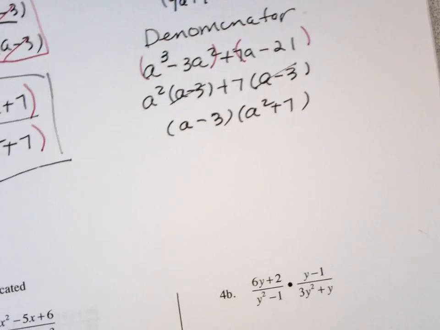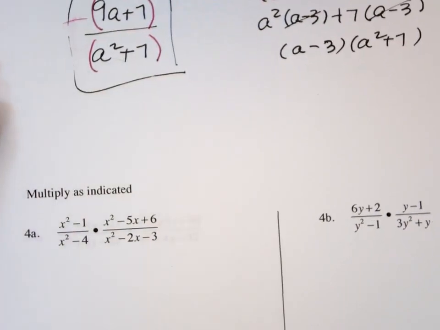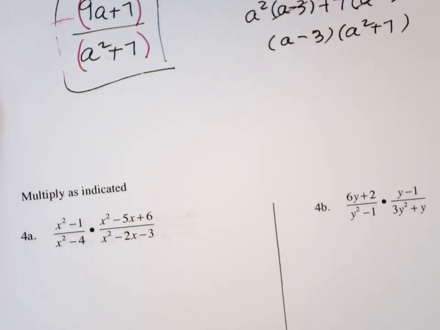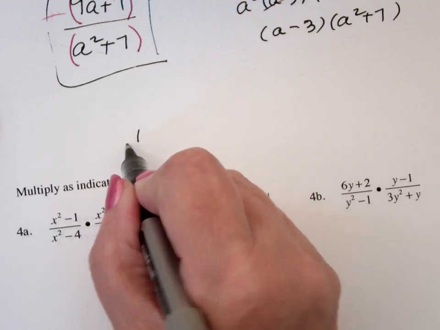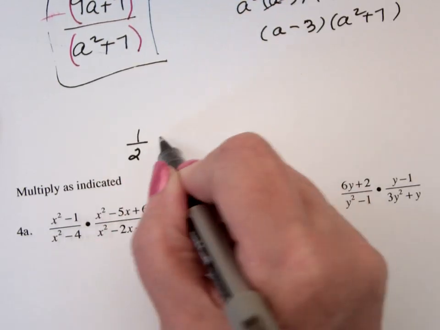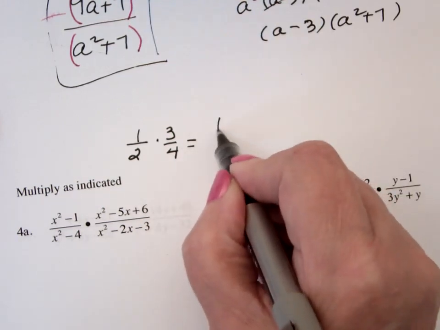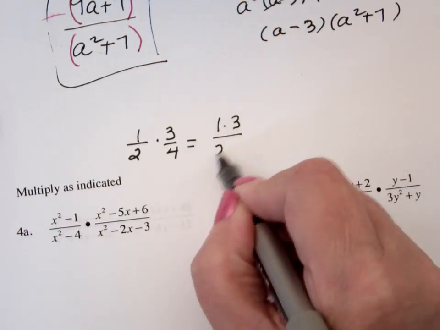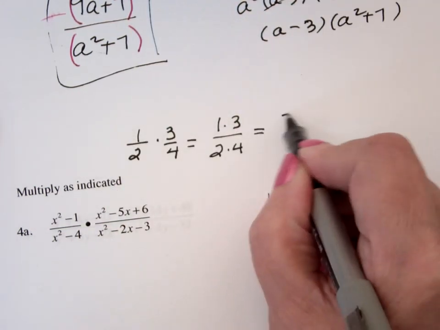The next topic in 7.1 is multiplying fractions. Now, if you remember, in arithmetic, if you were going to multiply a fraction, you would take 1/2 times 3/4. This would be 1 times 3, 2 times 4. You multiply straight across, or 3/8.